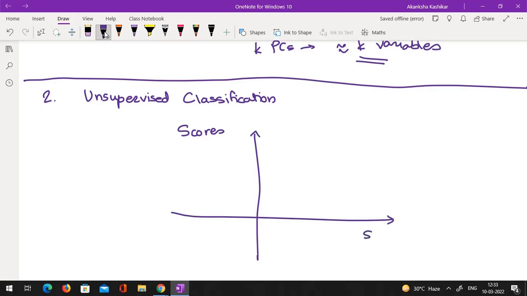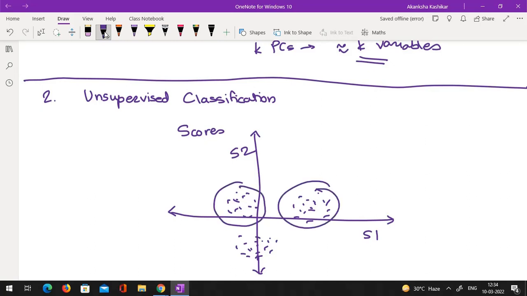So scores corresponding to PC1 and scores corresponding to PC2, we can draw a bivariate score plot. And suppose that plot shows some natural clusters or natural groups. If that happens, then I can try to see if these groups represent something.